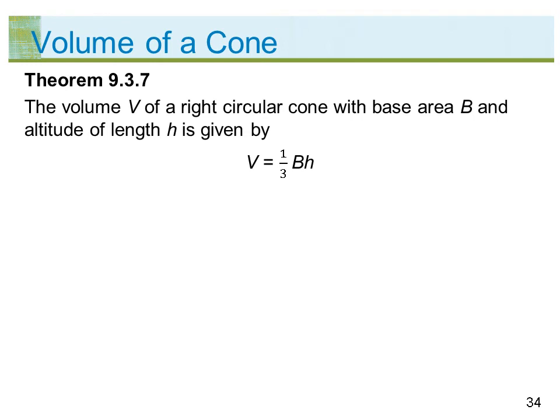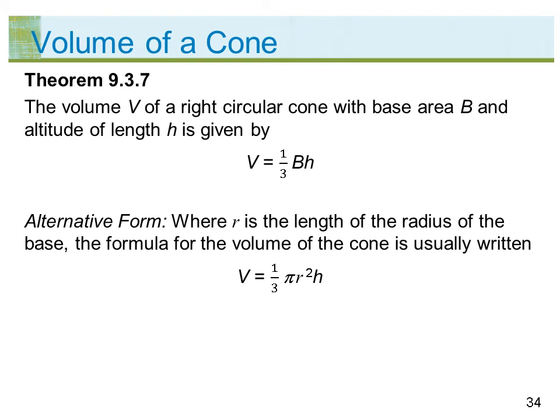The volume capital V of a right circular cone with base area capital B and altitude of length h is given by capital V equals 1/3 capital BH. Alternative form. Where r is the length of the radius of the base, the formula for the volume of the cone is usually written capital V equals 1/3 πr²h.